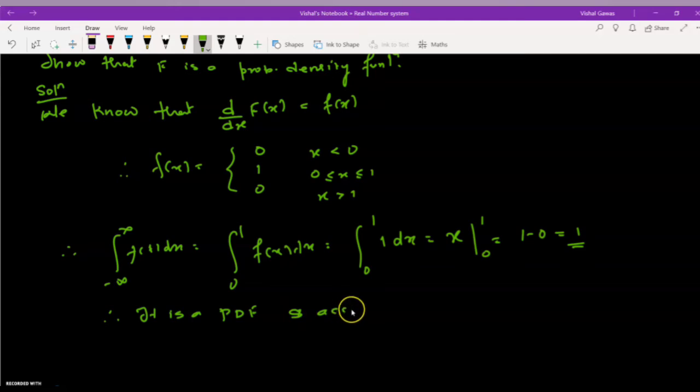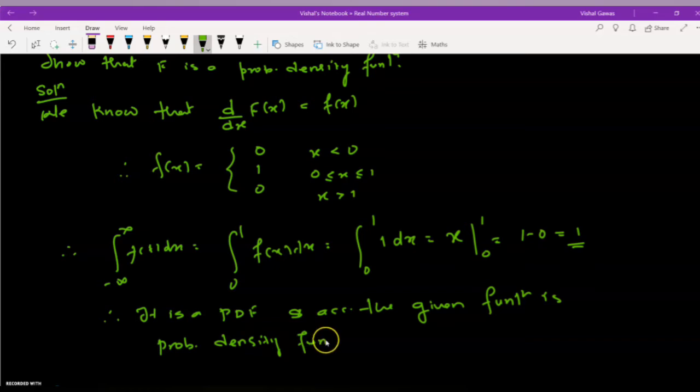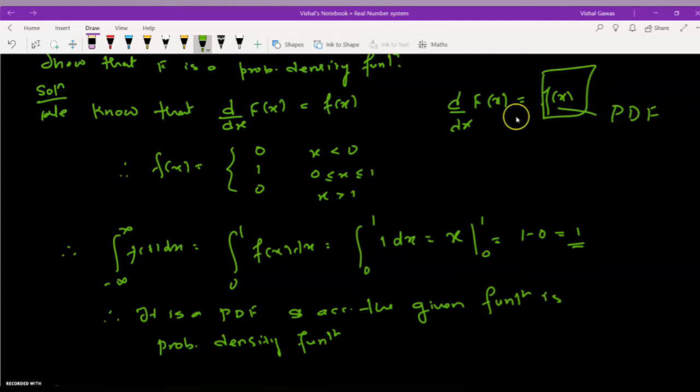Therefore, accordingly, the given function is a probability distribution. If f is PDF, remember, if d by dx of F of x is f of x, you can show that if this is PDF, this F is a probability distribution.